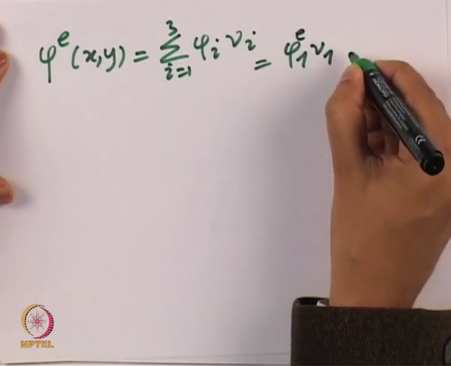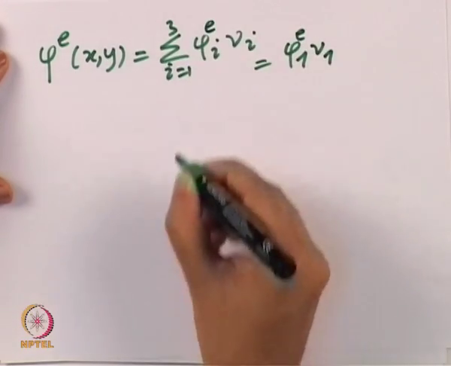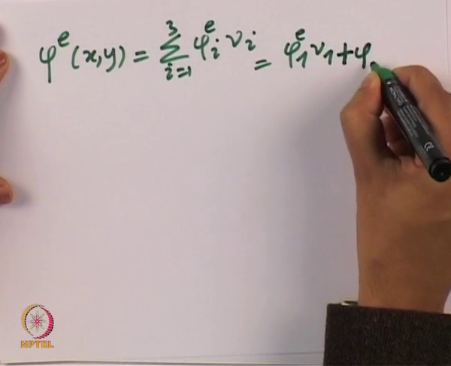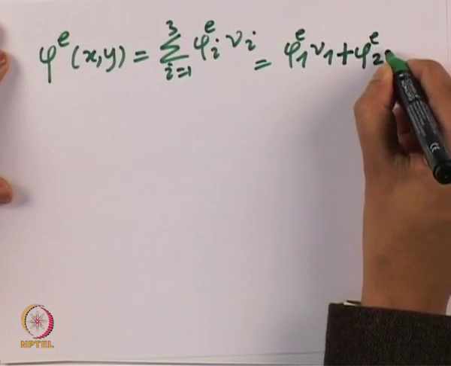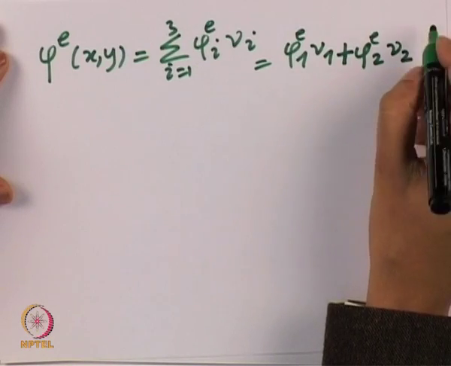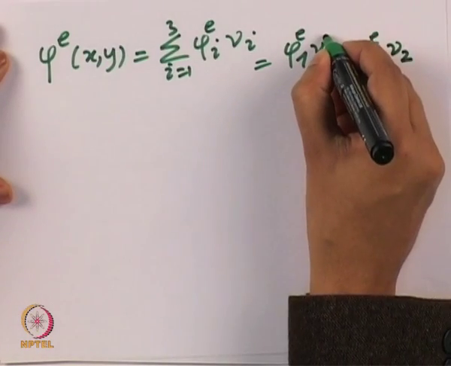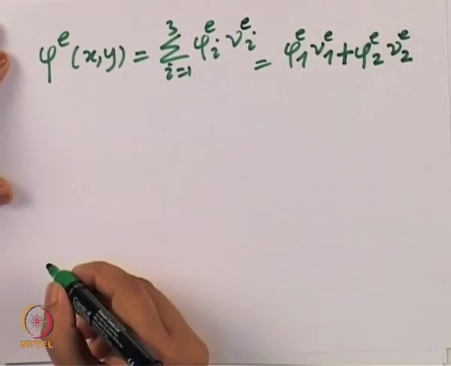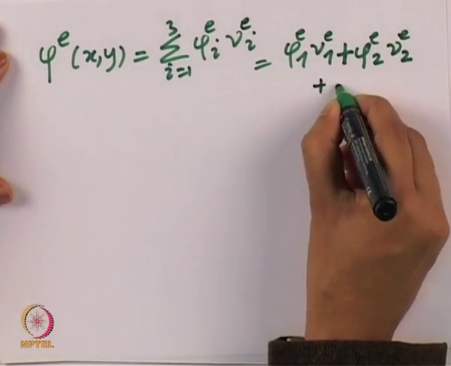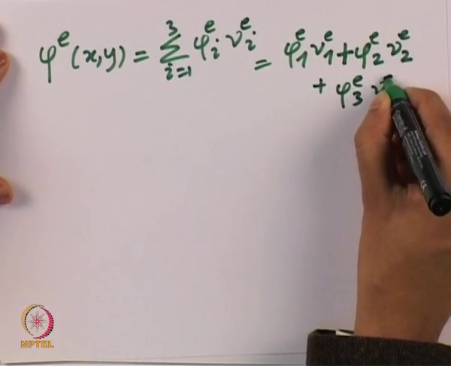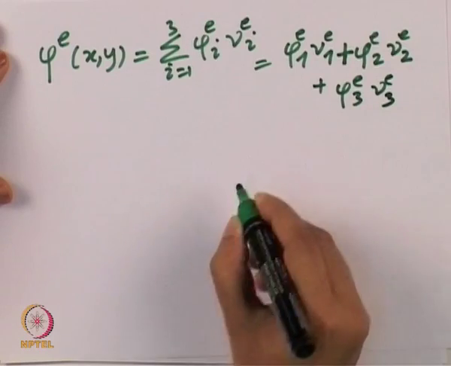Since this is specific for the element, we can always put the element number on the top, so plus phi of E of 2 v of 2, plus phi of E of 3 v of 3.